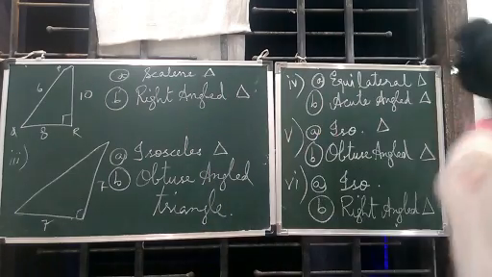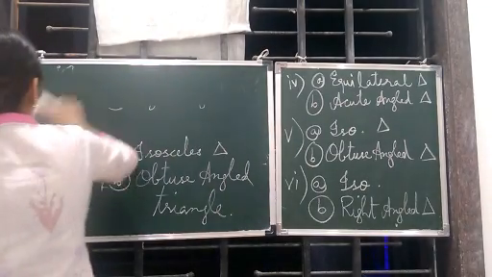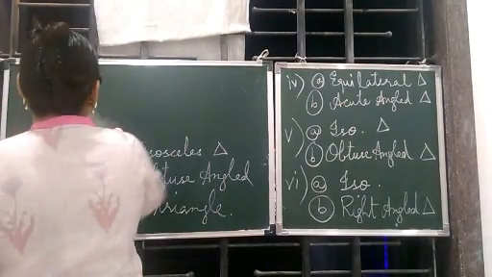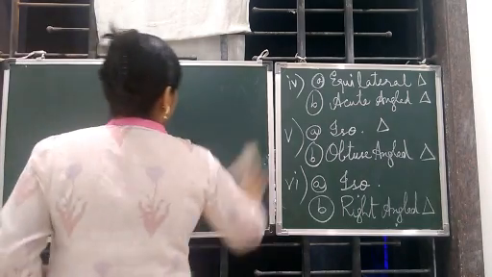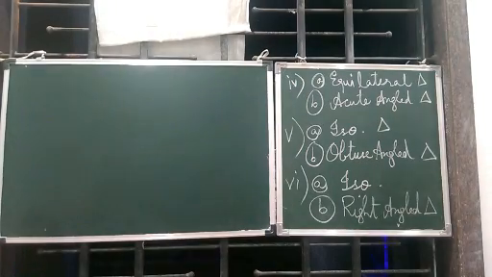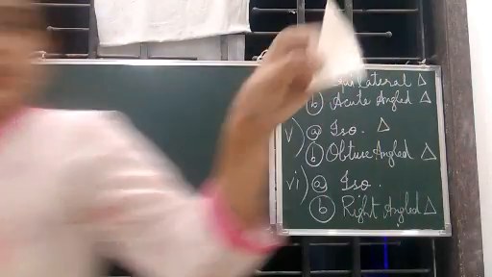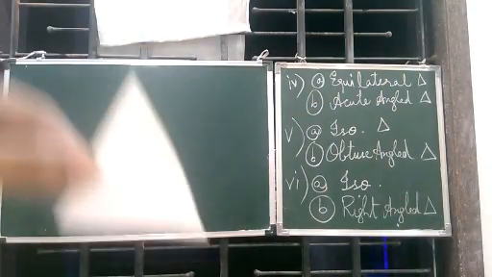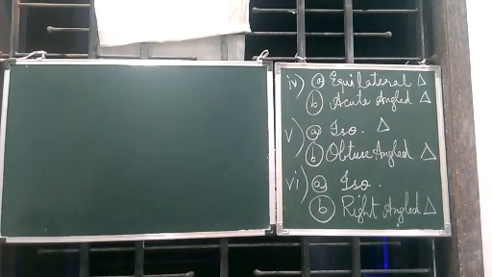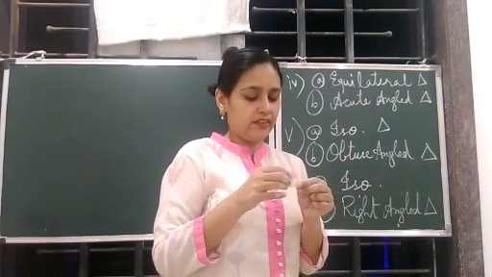Okay, children? Now, a new topic we are going to discuss. We won't go very much deep into it. Now, this is a triangle paper. You can see this is a paper. So simply, we all have done such activities, na?